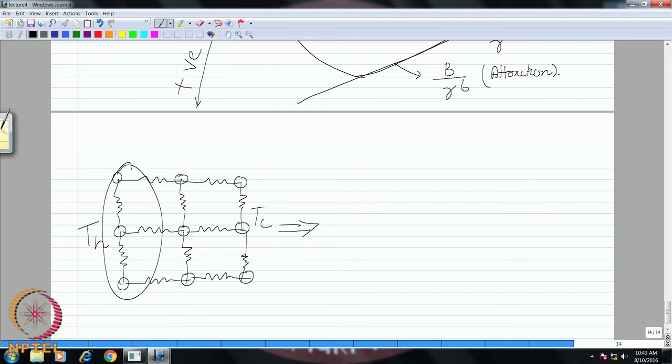So, the vibration of this atom spring mass system on the left end will be higher than on the right end. So, this will propagate as waves through the crystal.